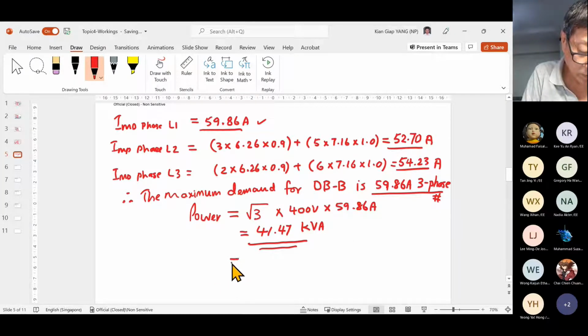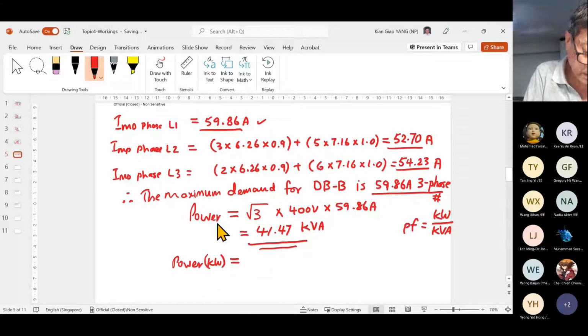Okay. So if I want this power in kilowatt, I need to use a power factor, because power factor is kilowatt over kVA. Therefore, if I want to know the power in kilowatt, I assume a power factor first. That means this power in VA is multiplied by the power factor.